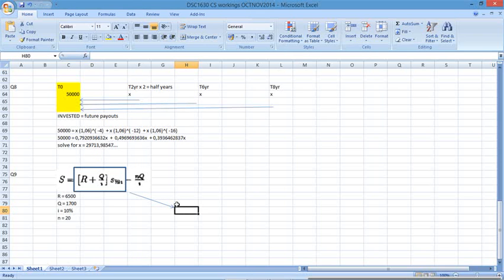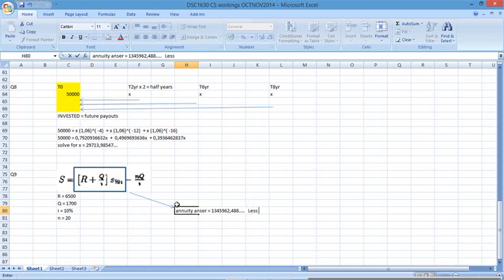And this annuity answer comes out to 1345962.488.